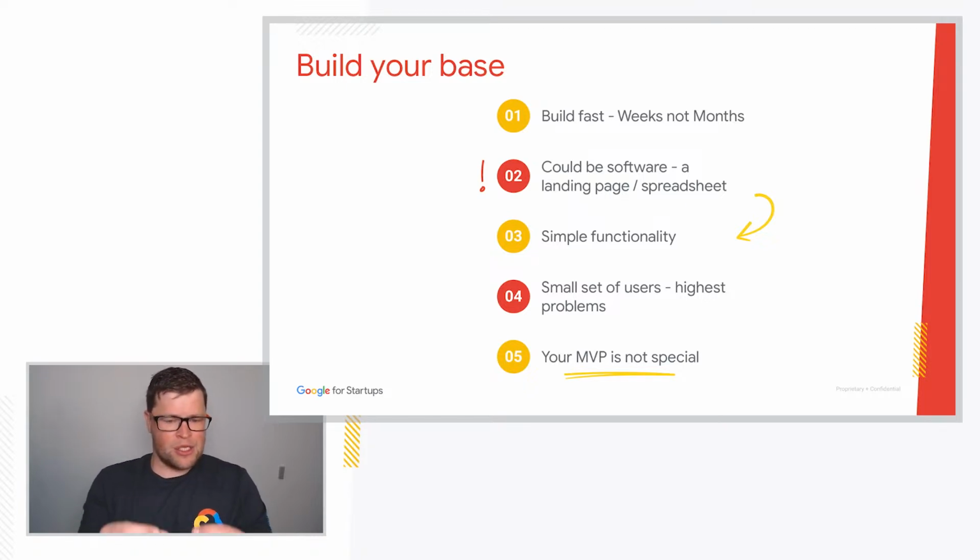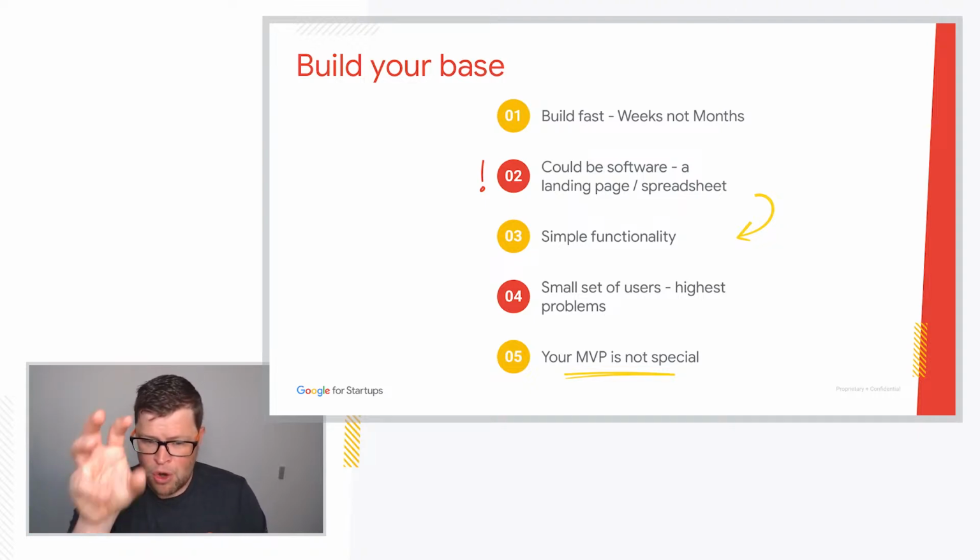Simple functionality, and you've taken that small set of users and their highest problem, and you've focused on that. And how do I move forward to understand more about that and move my business forward? Your MVP, this iteration, should not be special. If it's special, you've gone too far.